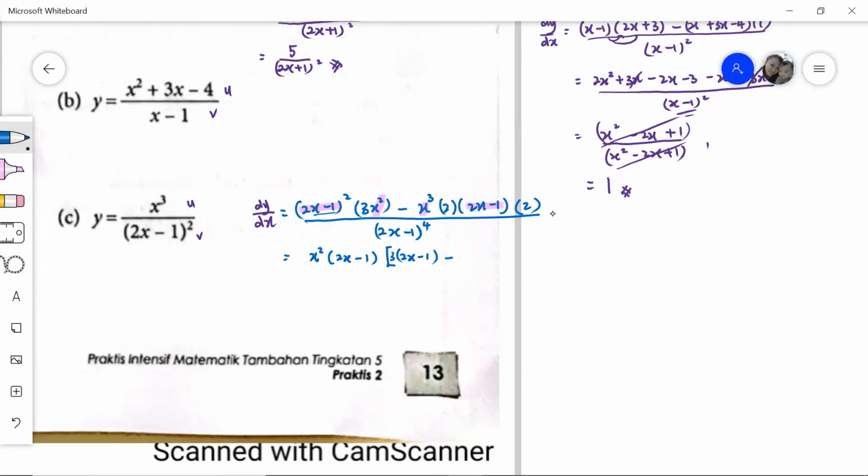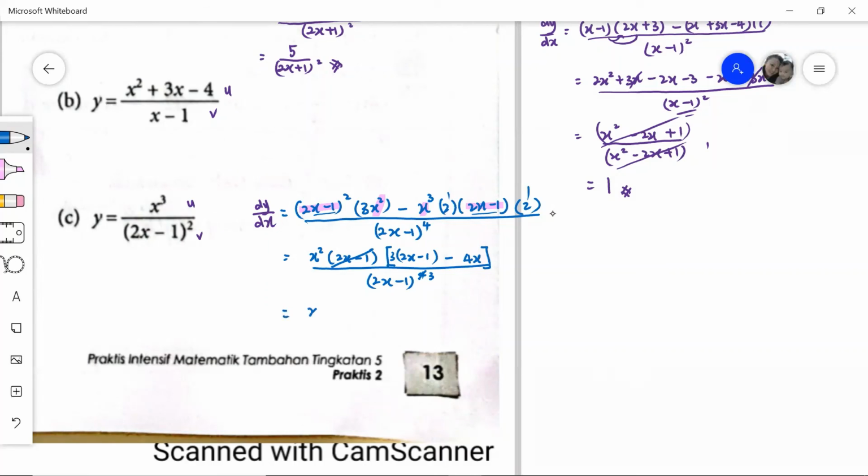The second term, we have taken out the x squared, left with x, and the 2 and the 2 here multiply to 4, so 4x. That is what we left in the square bracket, over (2x minus 1) raised to the power of 4. Do you notice that one (2x minus 1) can be simplified, so left with power 3.